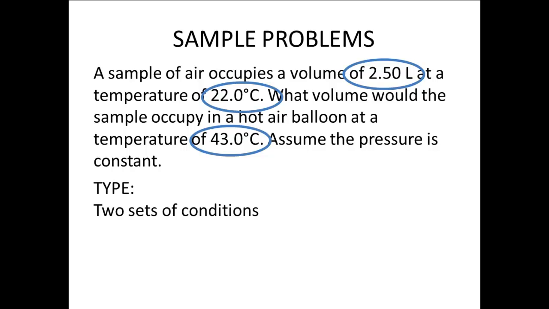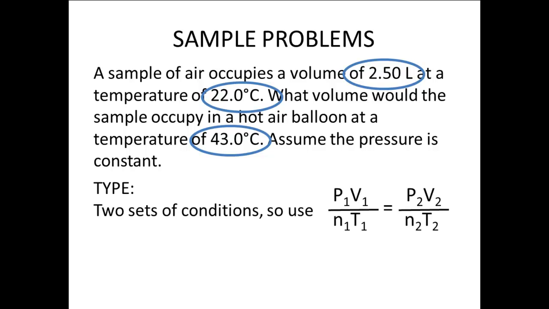This means that we are talking about the same gas. So, we use P1V1 over N1T1 equals P2V2 over N2T2. In this case, since P and N are constant, they cancel out from the equation. So we actually use V1 over T1 equals V2 over T2.